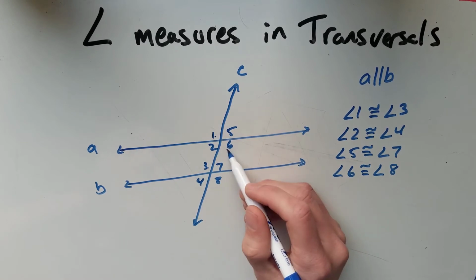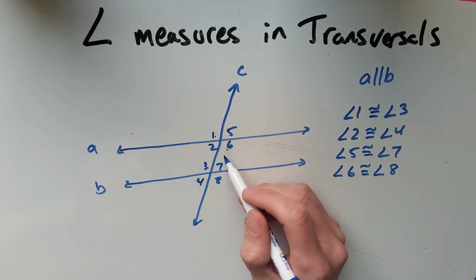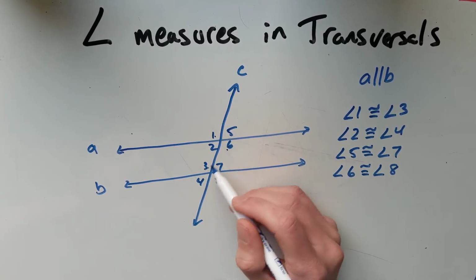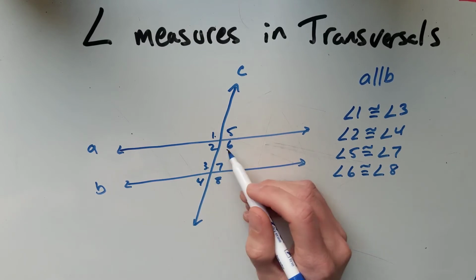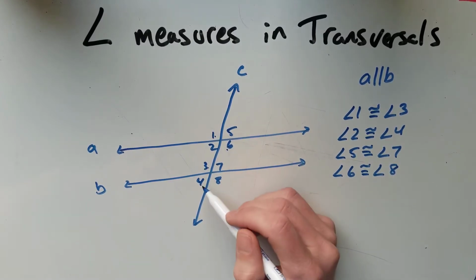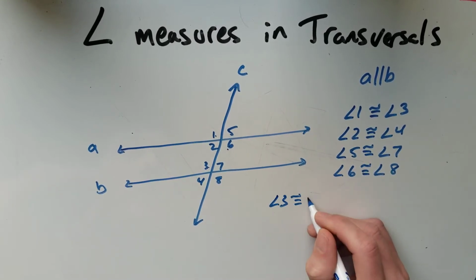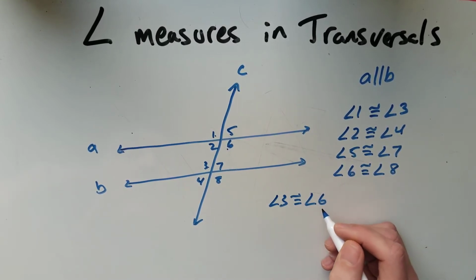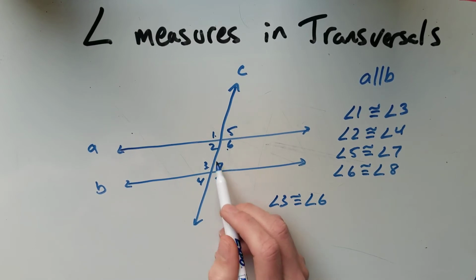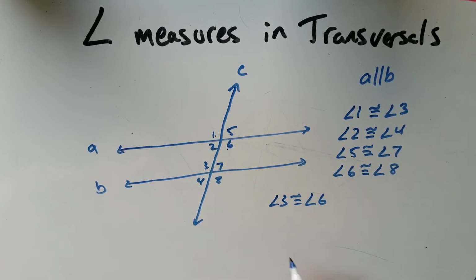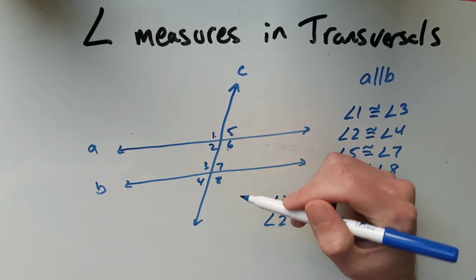These two angles are going to be congruent to each other. And those two, if we think of their relationship, are alternate interior angles. So alternate interior angles would also be congruent. So angle 3 would be congruent to angle 6. And then likewise, these alternate interior angles, angle 2 and angle 7, are going to be congruent as well. They're going to have the same measure.